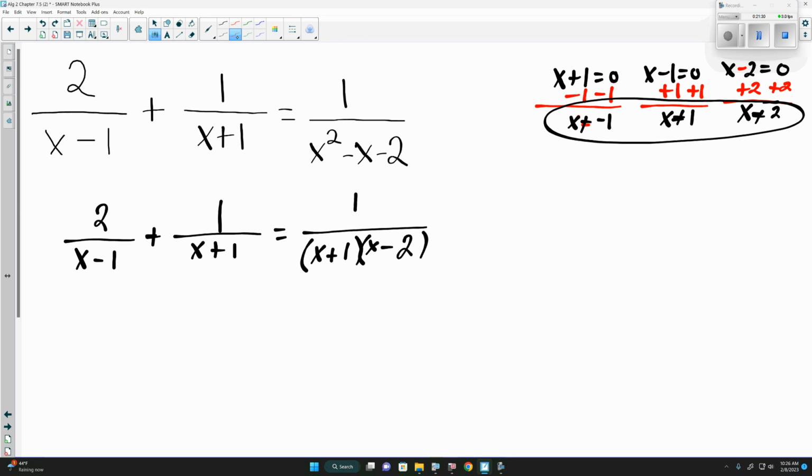Now to start solving, we do need to simplify these rational expressions by multiplying by the least common denominator. So one of the things we do know that we'll need to multiply everything by is x plus 1 and x minus 1 for sure, and x minus 2. X plus 1, x minus 1, x minus 2.